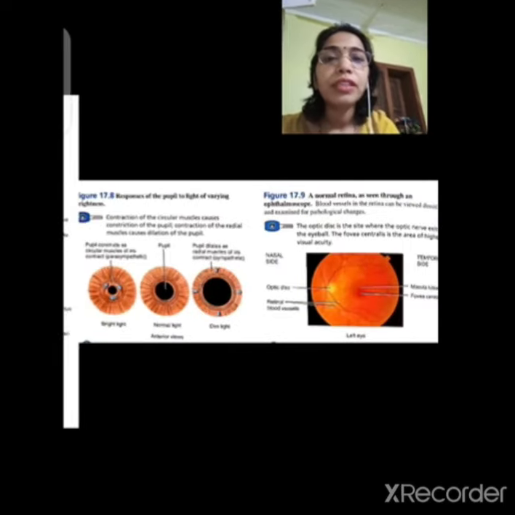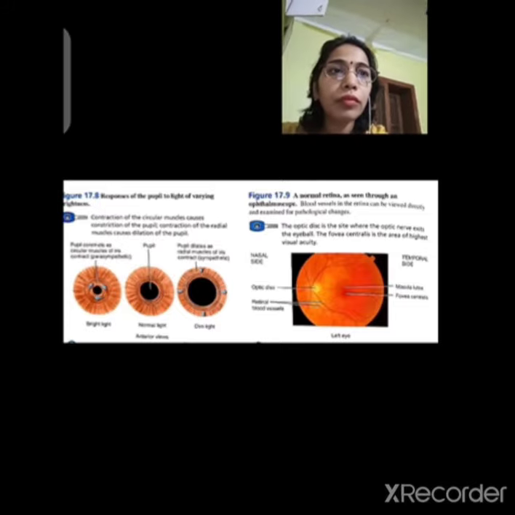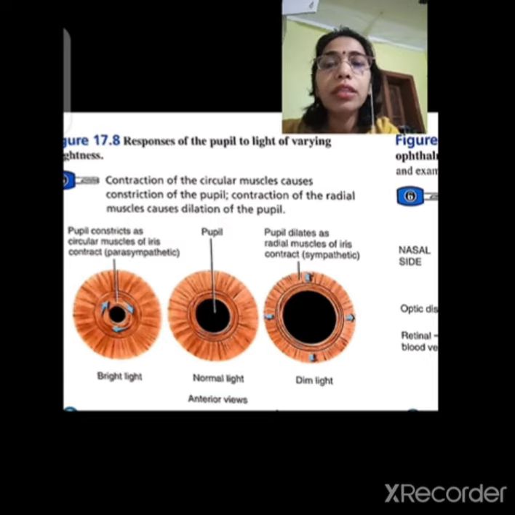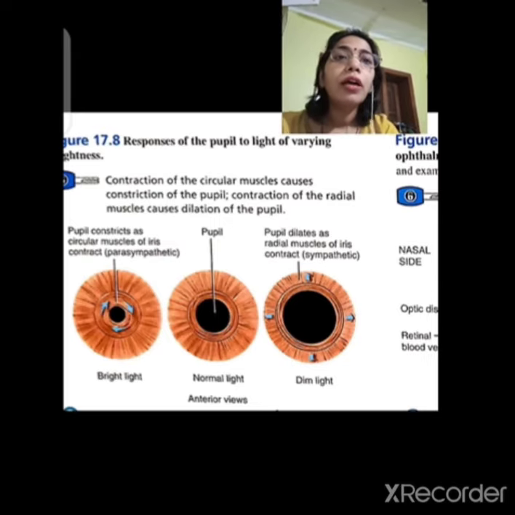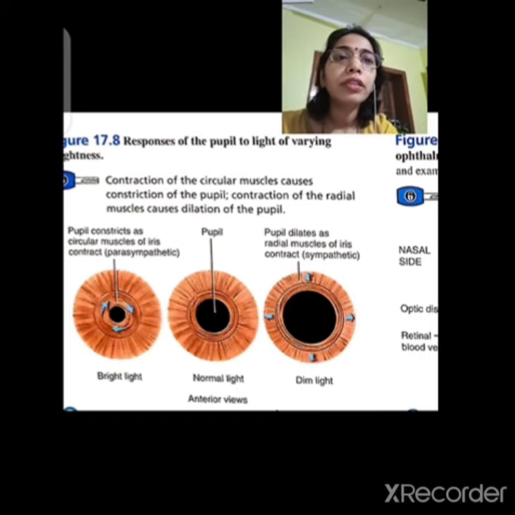You can see the responses of the pupil. Contraction of circular muscles causes constriction of the pupil. These outer circular muscles, when they constrict, change the opening of the pupil.